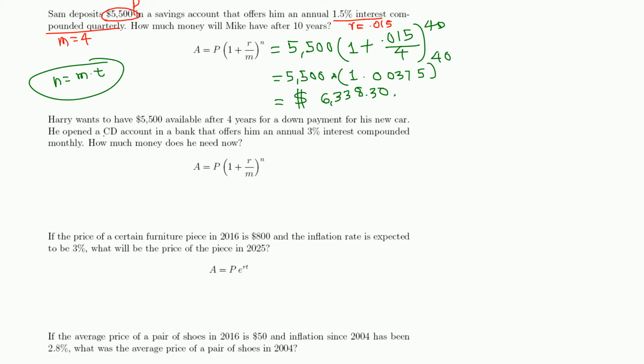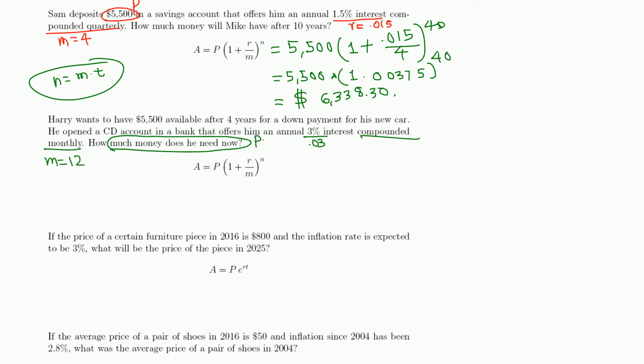He opened a certificate of deposit account, a CD account, in a bank that offers him an annual 3%, that means 0.03 rate, compounded monthly. Compounded monthly means M equals 12 because there are 12 months in a year. How much money does he need now?